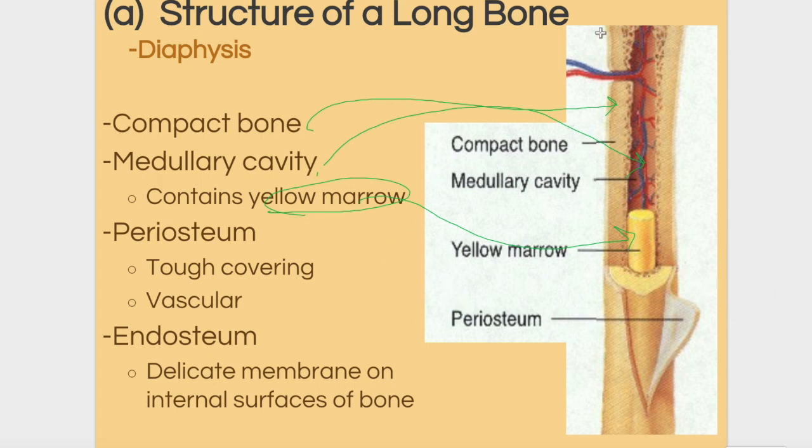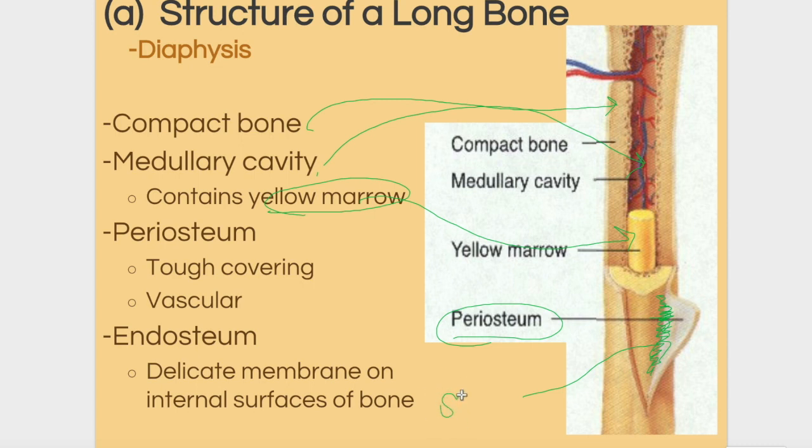Covering the outermost surface of our diaphysis is what's called the periosteum, and the periosteum will help to anchor our blood vessels for our bone. In addition, we have these fibers, which are an extension of the bone to the periosteum, and they help to anchor the periosteum to the bone.